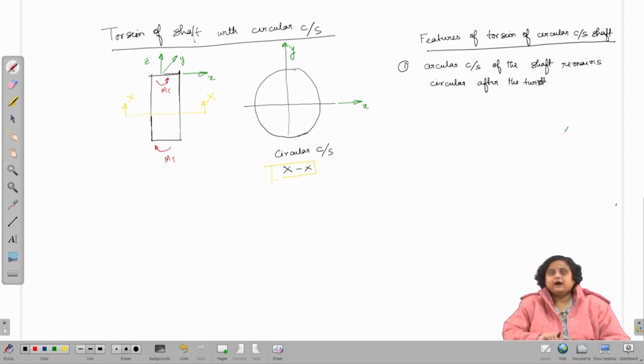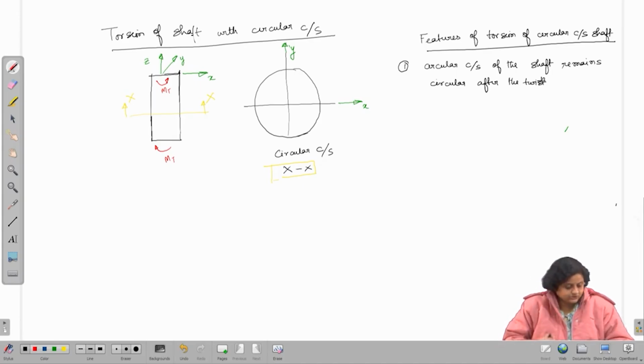Even after we apply a torsional load to the shaft, there is not going to be any change in the cross sectional shape of the shaft, if it is a circular shaft.